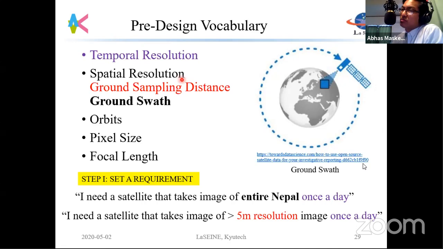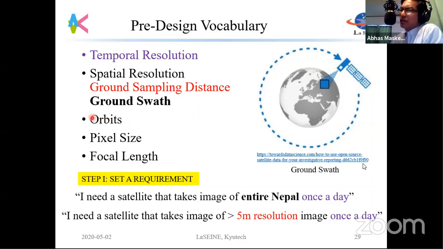Spatial resolution is the area covered. If you're talking about ground sampling distance, it's the area covered by 1 pixel. If you're talking about ground swath, it's the area covered by the whole image sensor. So you need to find the difference between these. I hope you have understood that.